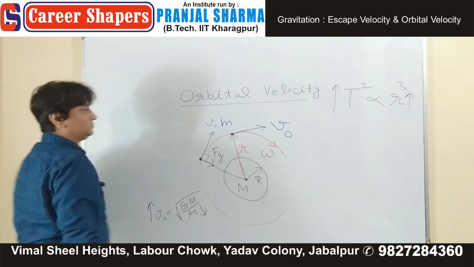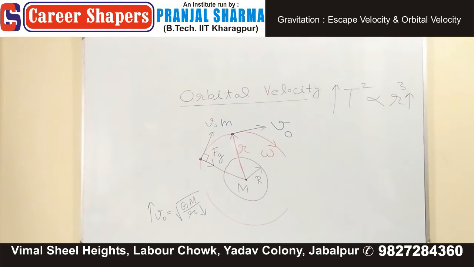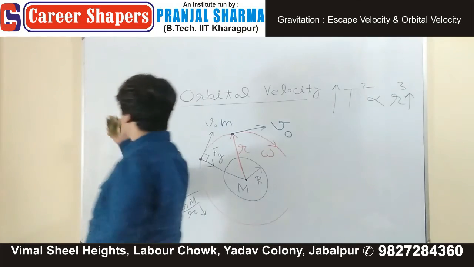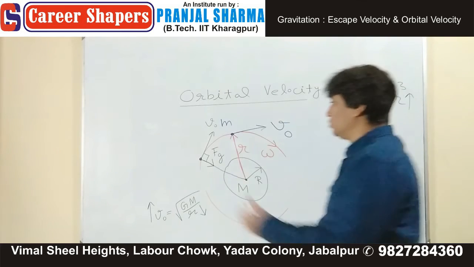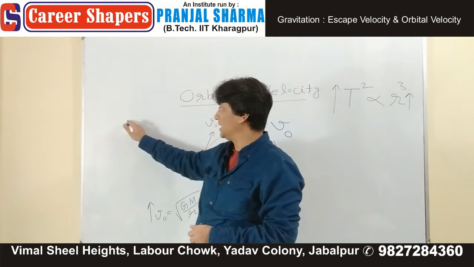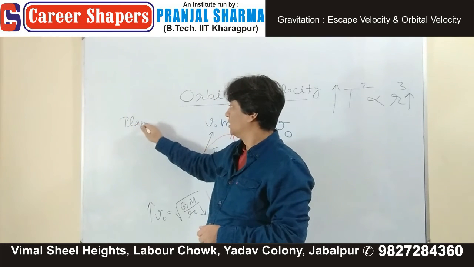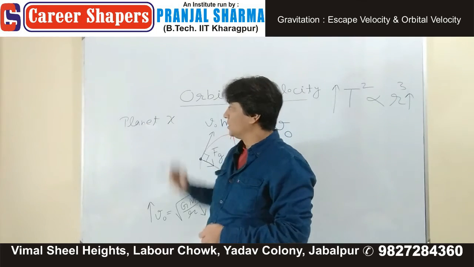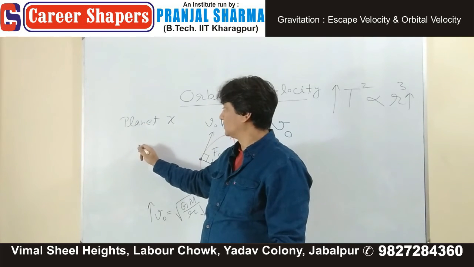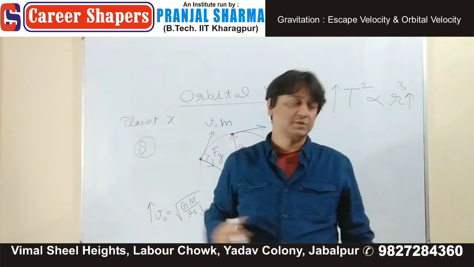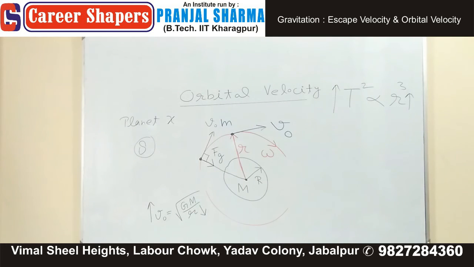Answer this question. Suppose, let's say we have a new planet around Sun and call it planet X. This planet X, question says, is at a distance of 8 times that of Earth from the Sun.